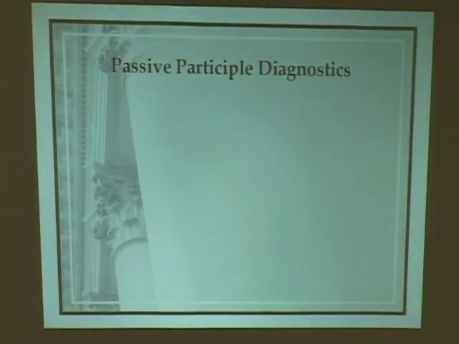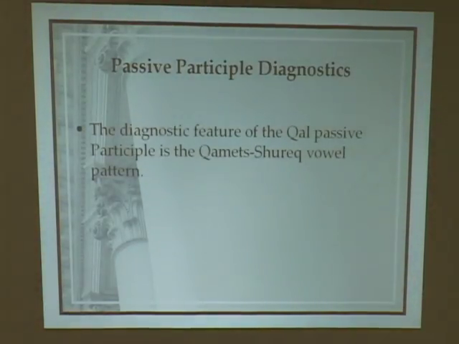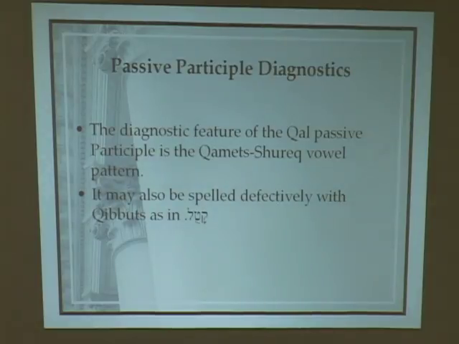How do we recognize participles, passive participles, should I say, in a sentence? The diagnostic feature of the Qal passive participle is the qamets-shureq vowel pattern. If in the first place it was holem with tsere, now it's qamets shureq. It may also be spelled defectively with a qibbuts, as in katub.